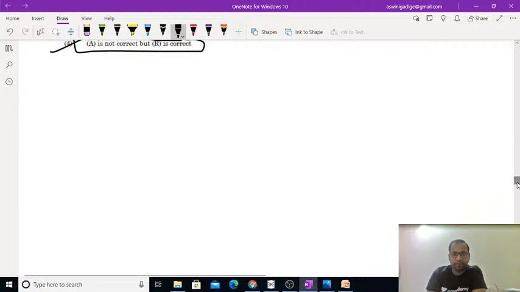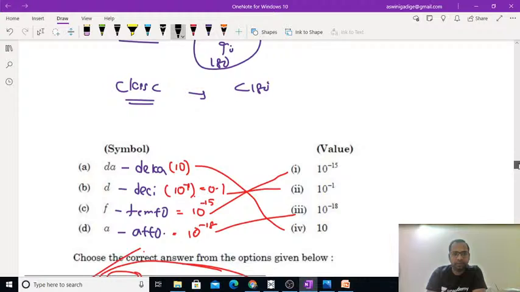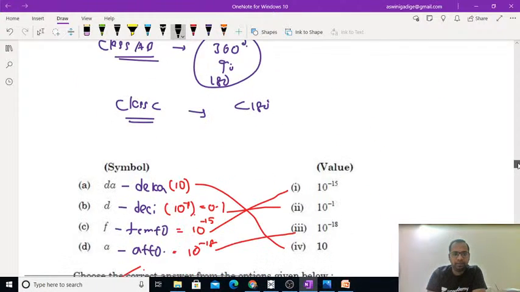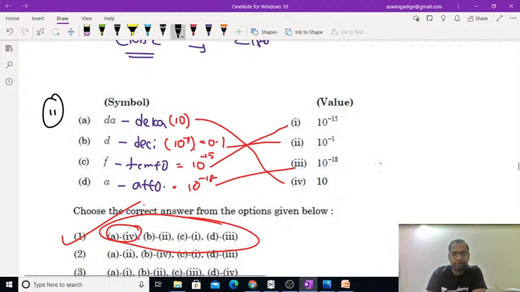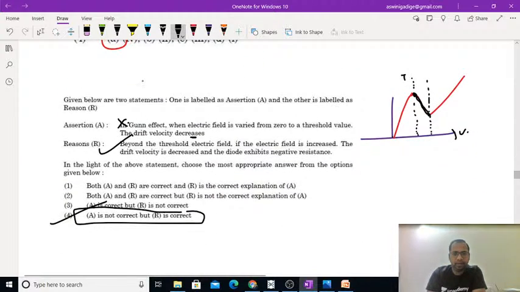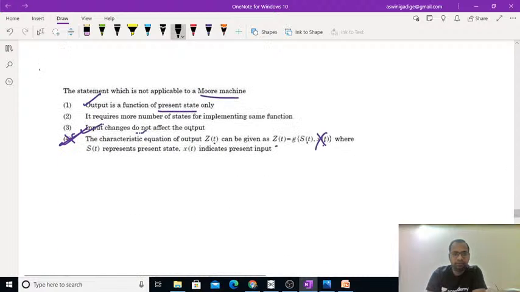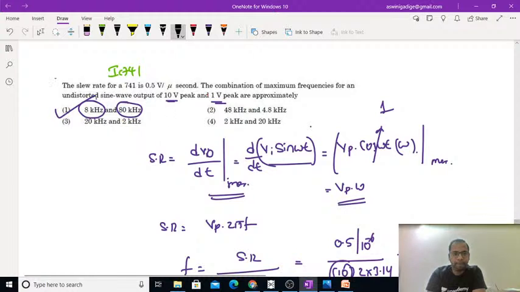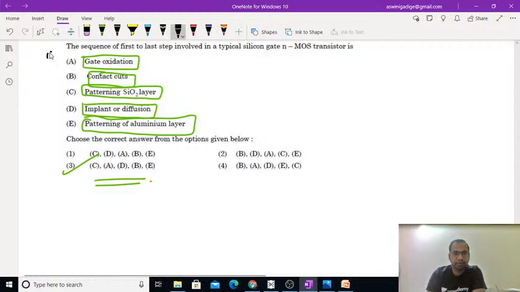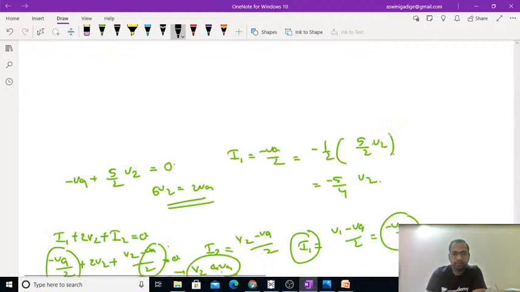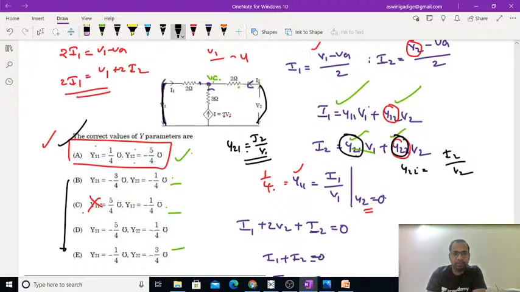Yesterday we stopped with 10 and it is the 11th question, and today 12, 13, 14, 15, 16 and the 17.